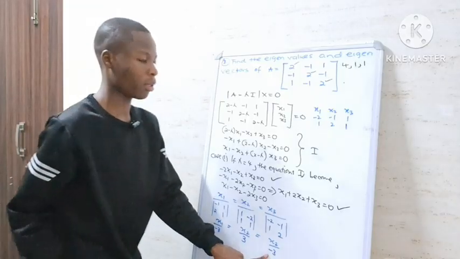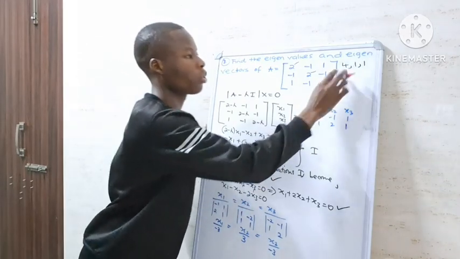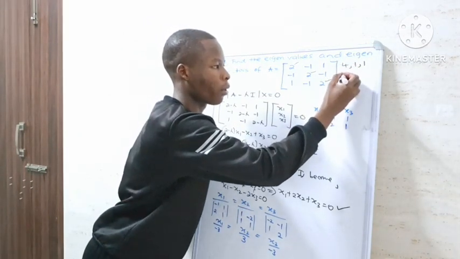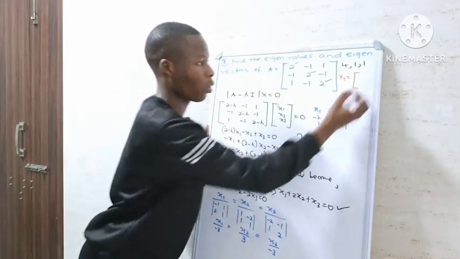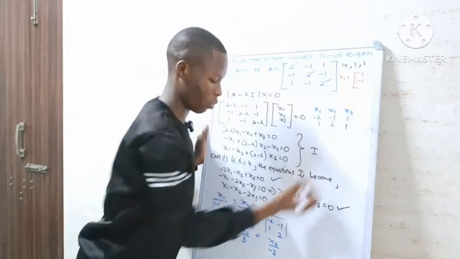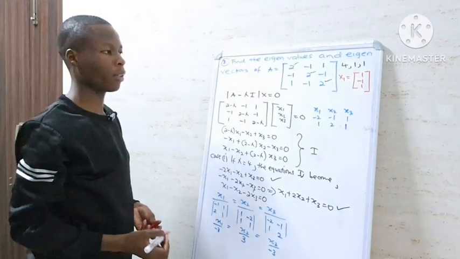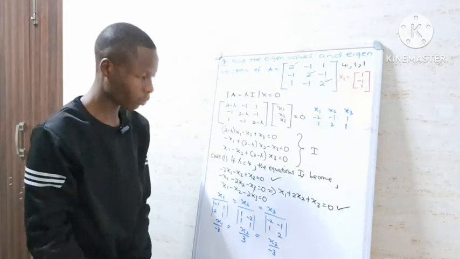This simply means that the eigenvector corresponding to the eigenvalue 4 is x1 = 1, x2 = negative 1, x3 = 1. This is the eigenvector corresponding to 4.